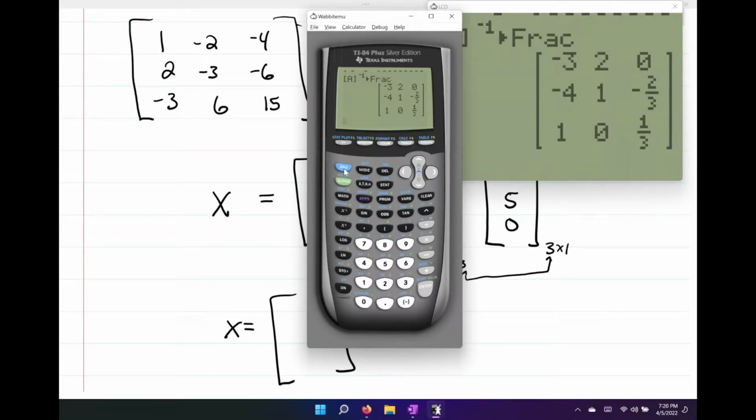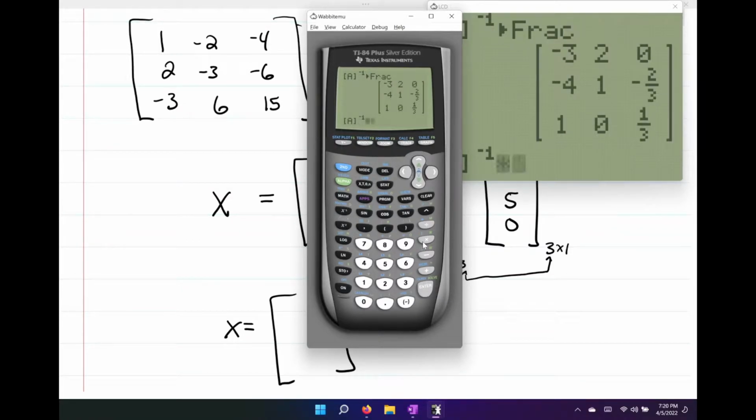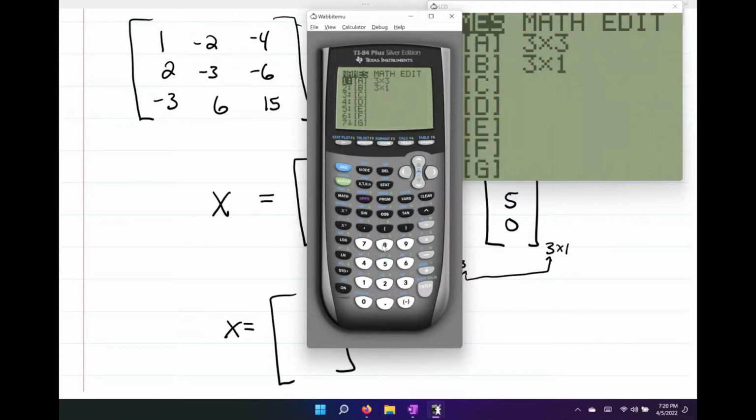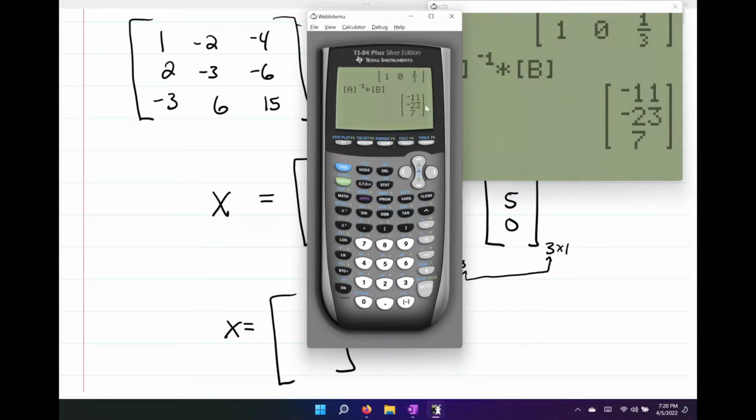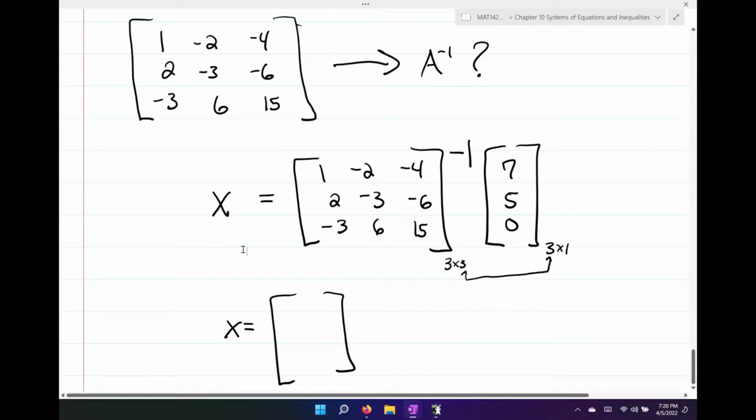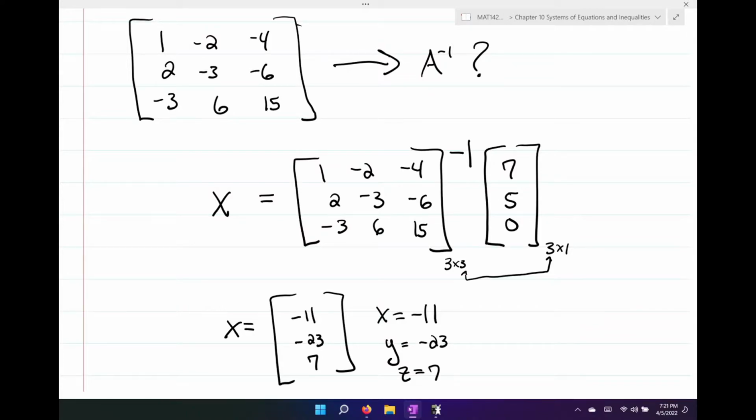Now all I have to do is go back, matrix A inverse times matrix B. And as you can see here, my outputs are -11, -23, and 7, which means X equals -11, Y equals -23, and Z equals 7. I hope this actually turned out to be a little bit easier than you thought.